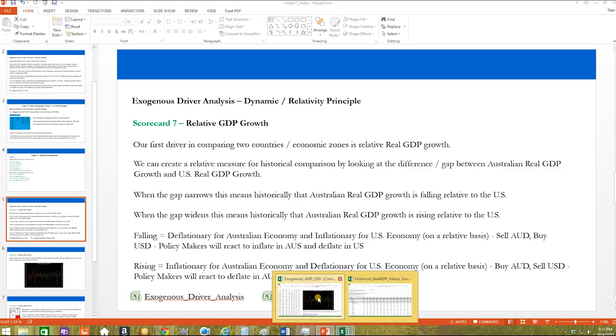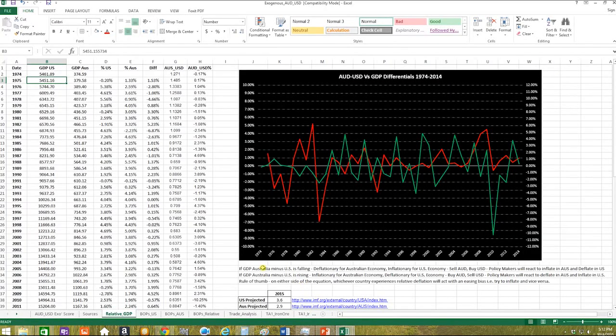And the first one we're going to go to is our exogenous analysis for Australian dollar, US dollar. So exogenous analysis, Aussie dollar, US dollar. And the file that we're in here is the relative GDP file.